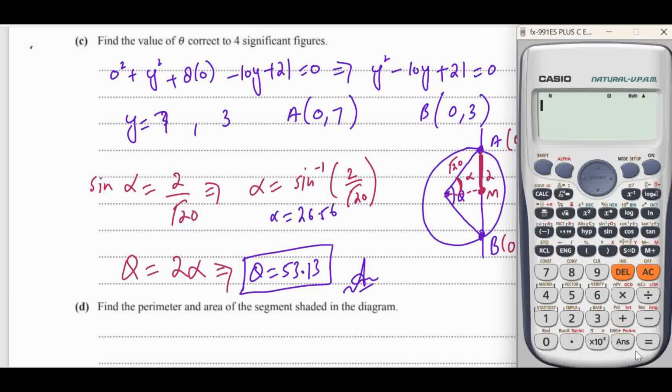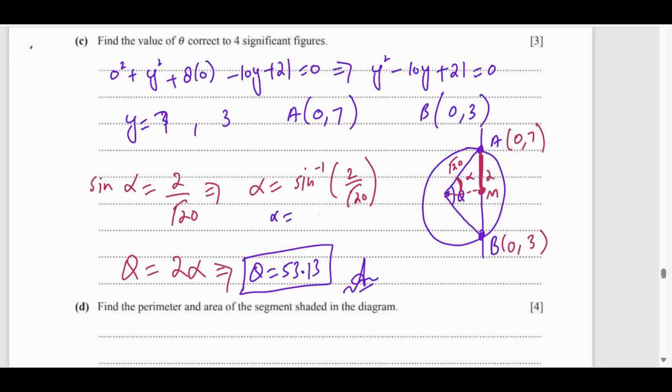Keep in mind that whenever you solve any question from the topic of circular measures or related to the circle, your calculator should be in radian mode. So here you can see 0.46 in radian.